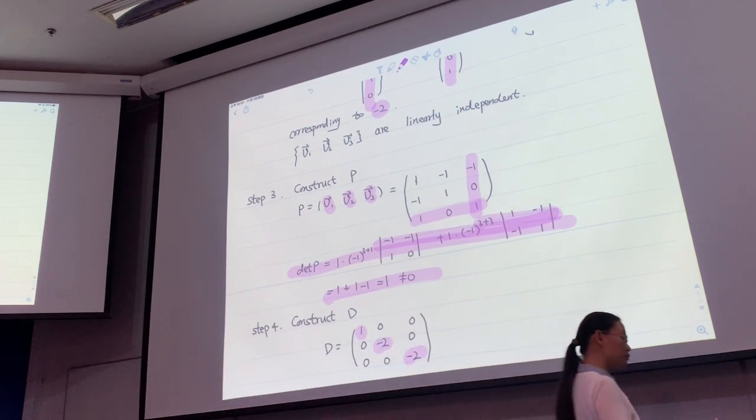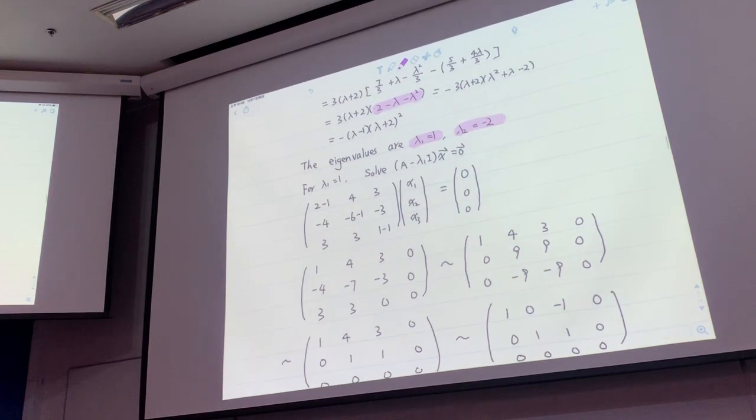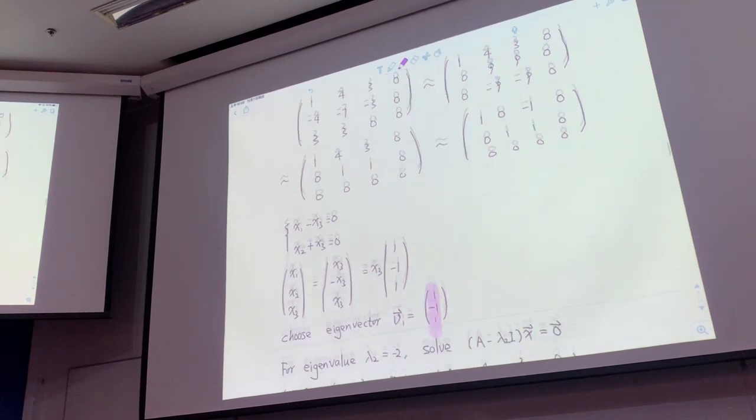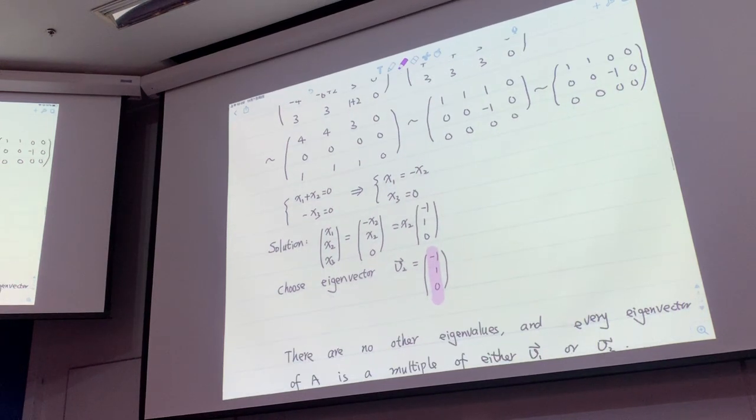But is it possible that the multiplicity is 2, but the eigenvector only appears once? Yes, this is possible. Look at this example, the eigenvalue is -1, and here there's only 1 eigenvector. In this case, it's not diagonalizable.